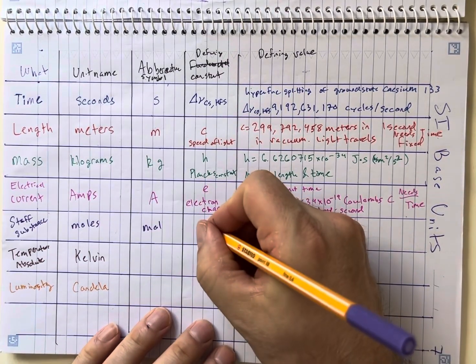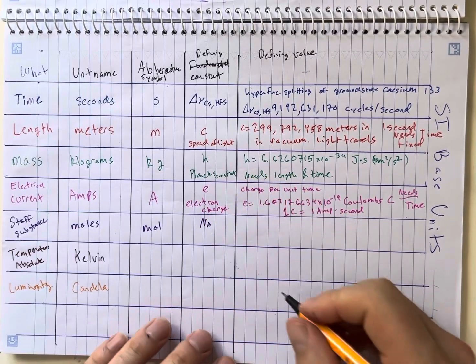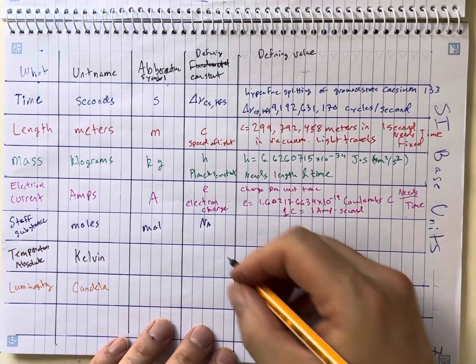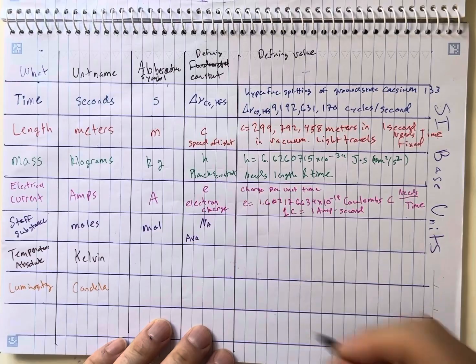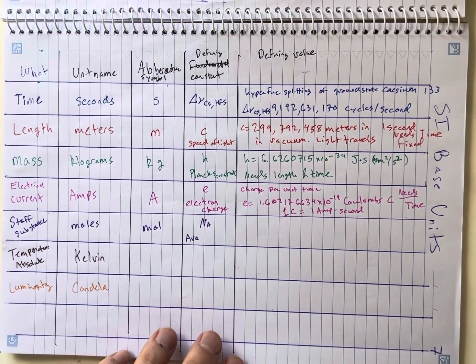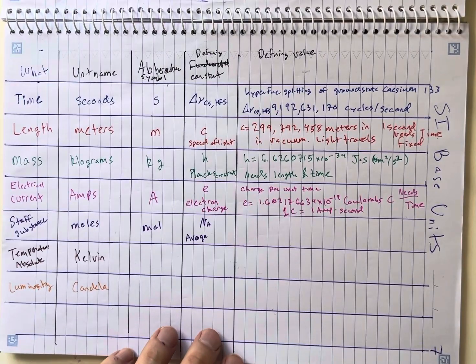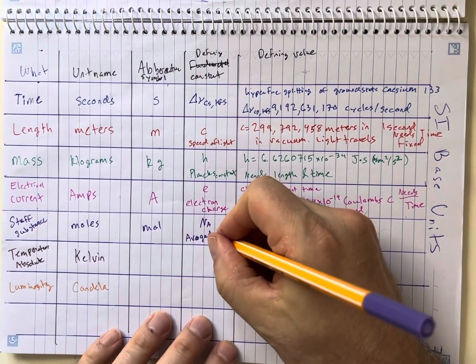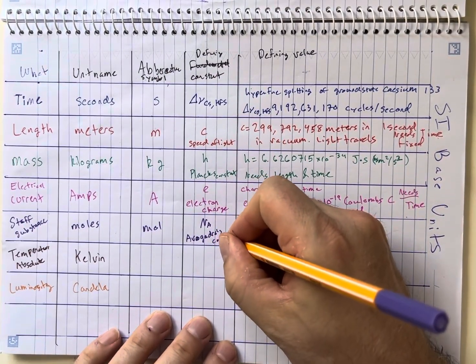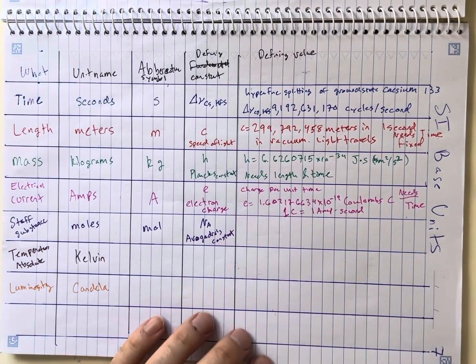So this is defined by Na, which is Avogadro's constant.